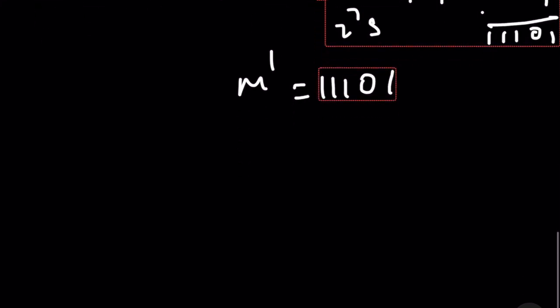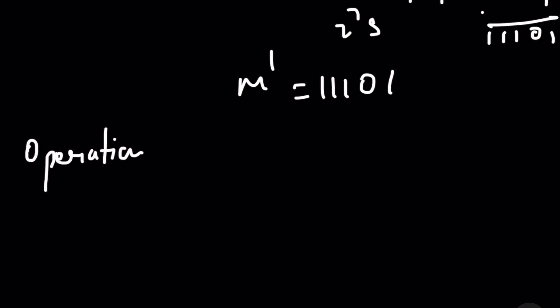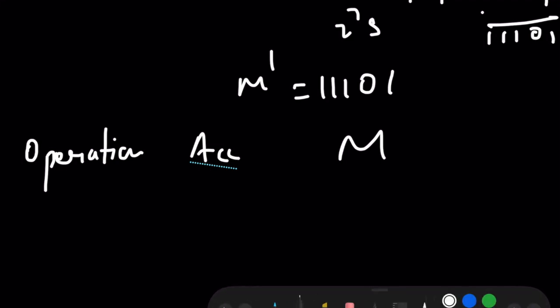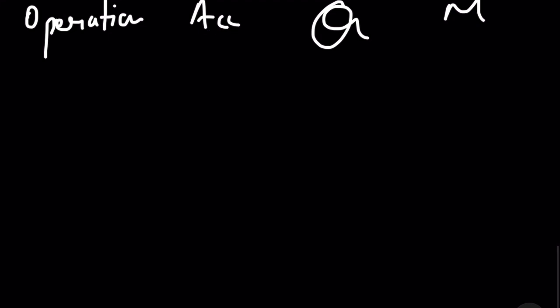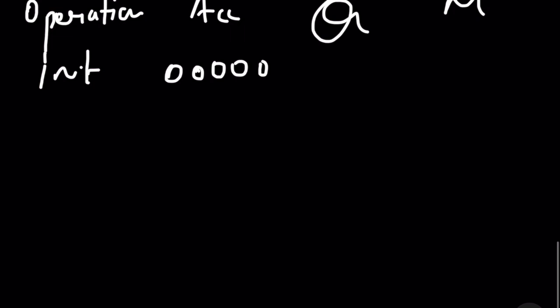That's it. Now we step into the procedure. We have an operation, we have an accumulator, we have M, right? Remember this. So initially we have a Q and then M. So operation initialization. Remember, accumulator to have 5 bits and Q to have the dividend, that is over here 1110.